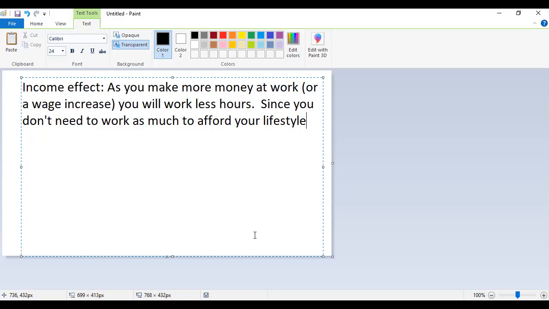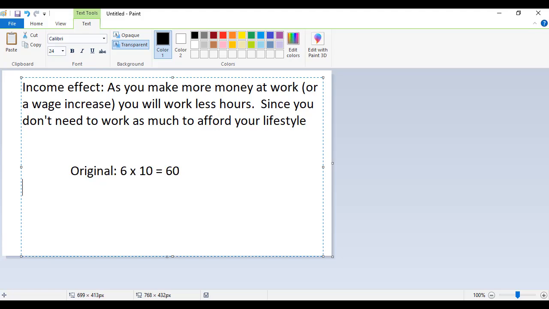Yeah, that's the case. And the best way to describe this is imagine you have a $60 lifestyle every week. And you receive $6 per hour at work, which I know is below minimum wage, but bear with me. So obviously you need to work 10 hours in order to afford your $60 lifestyle.